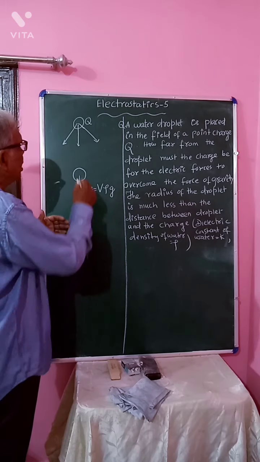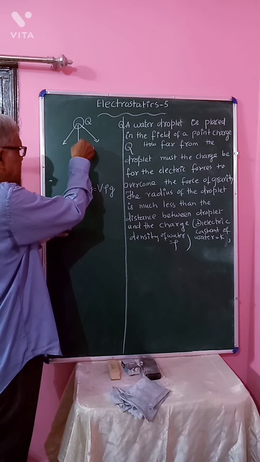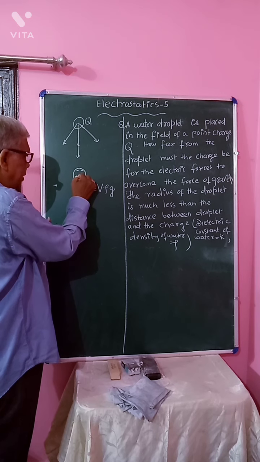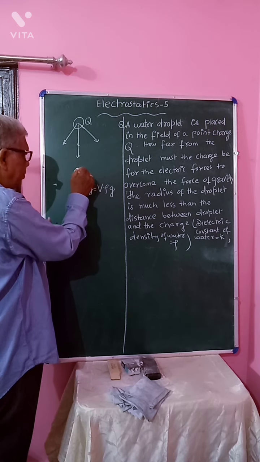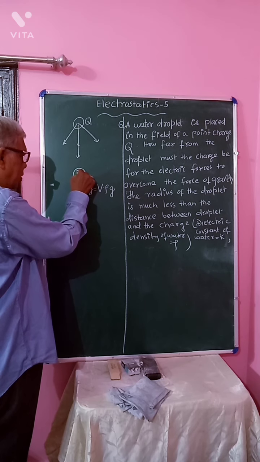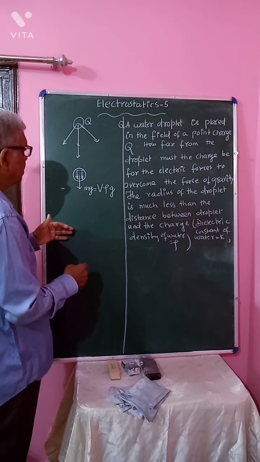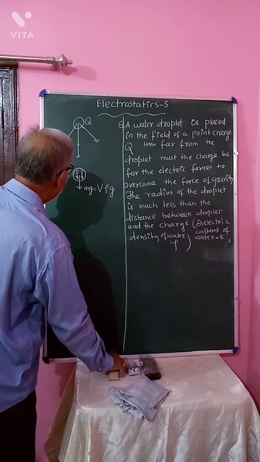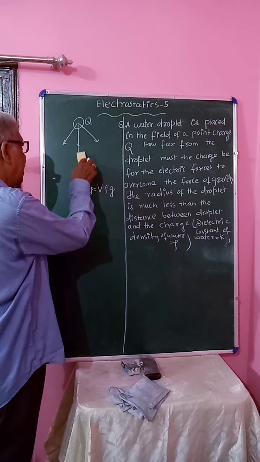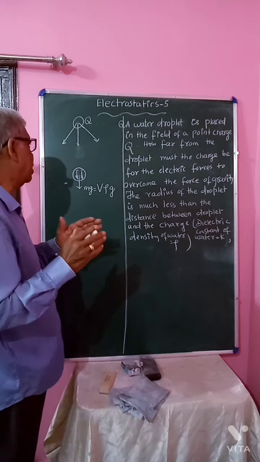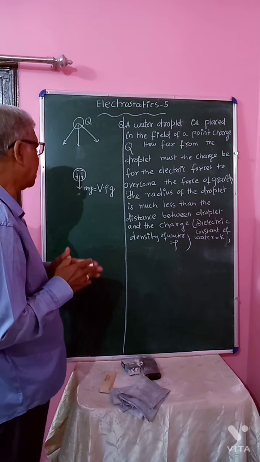That is, if this is the direction of the electric field, the dipoles are oriented, that is, the dipole moment vectors are along the direction of electric field. So, the dipoles are oriented and aligned along the direction of field, and this phenomenon is called polarization.